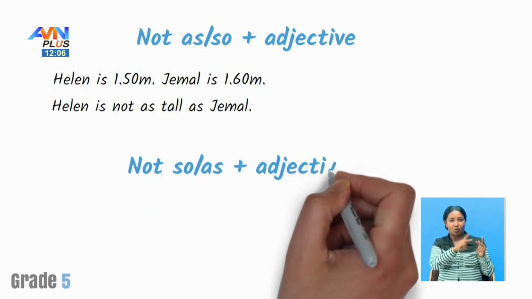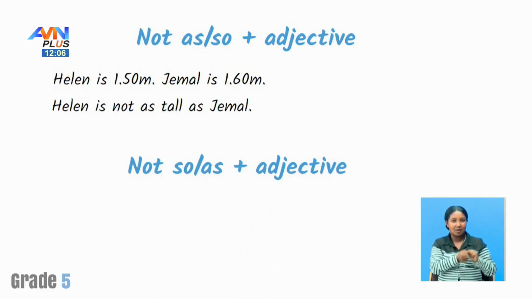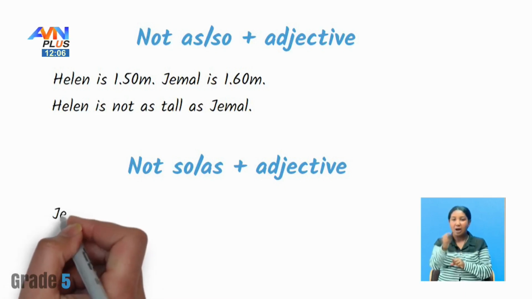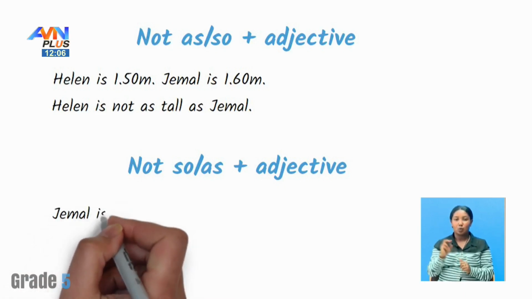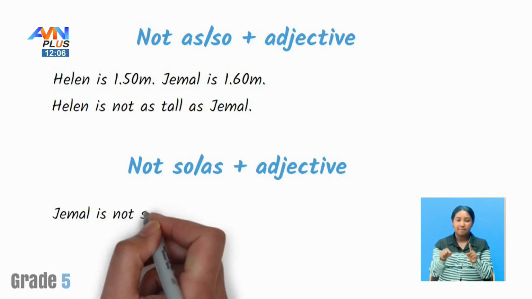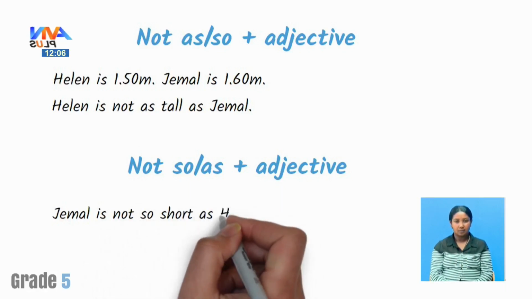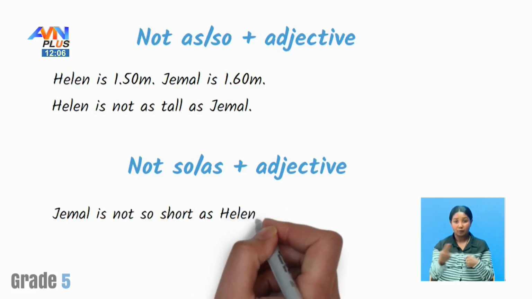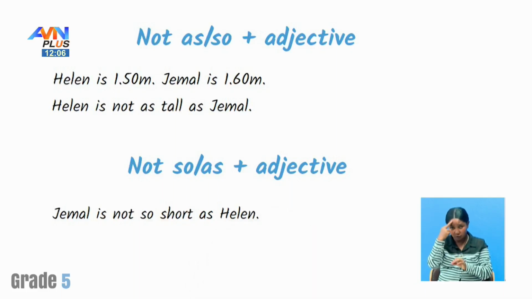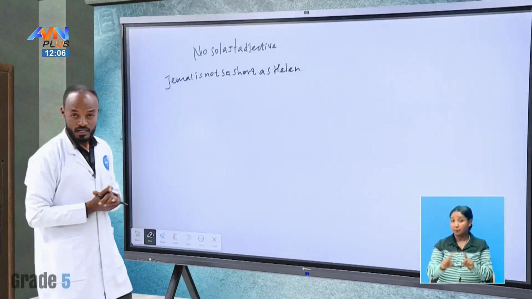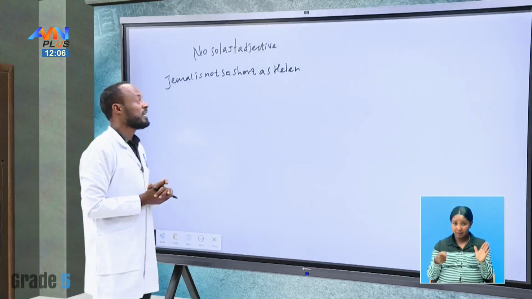When we're changing the position in not so or as structure, we have to use the opposite adjective, so the meaning is Jamal is not so short as Helen. Bear in mind their differences. Is it clear? Nice students.